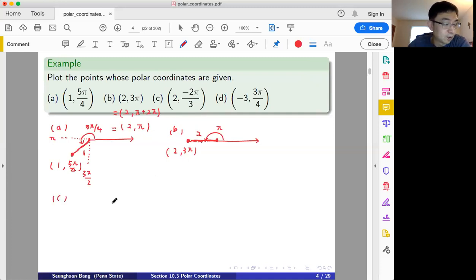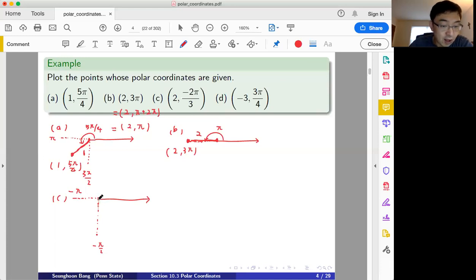And C. Same, you just draw the pole and polar axis. Was it negative 2 pi over 3? Exactly, the clockwise direction. So negative pi over 2 is the clockwise direction, and this one is negative pi.